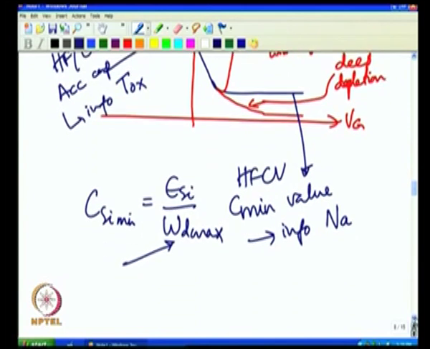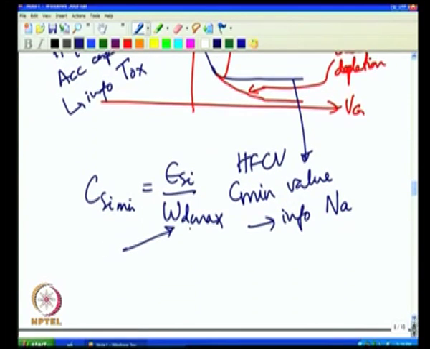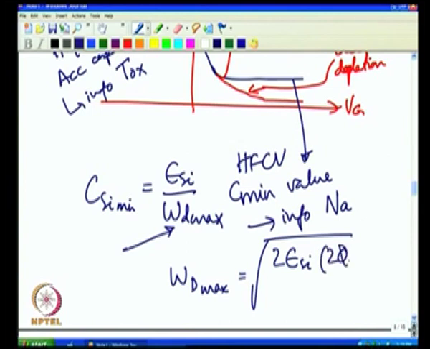Once you get WD max, you know WD max is related to doping concentration, correct, because we already said WD max is essentially given by the square root of 2 epsilon silicon psi s over QNA. What is psi s? Psi s is 2 phi b, because I have reached inversion.